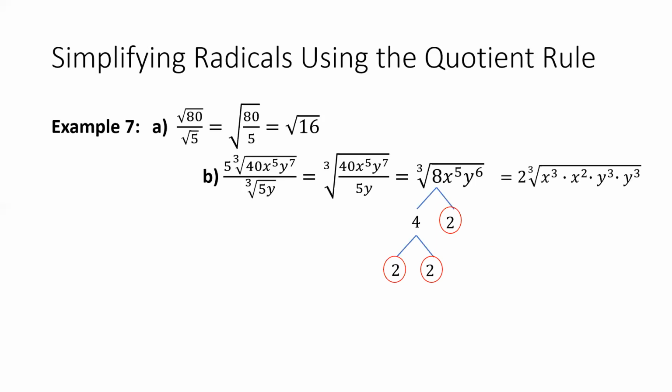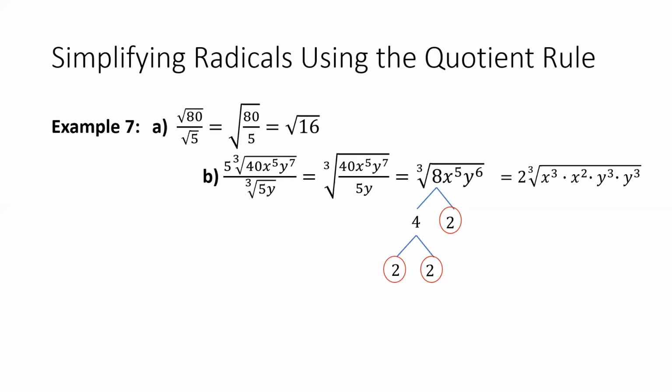And then we go back to the game of playing when we're dealing with the variables of, if I'm dealing with something to the third root, I'm looking for groups of 3's. So if I have 5 x's, I can pull out one group of 3 from that and that'll leave behind an x squared. And that's it. I can't go further. And then I move to my y. I have 6 of them.